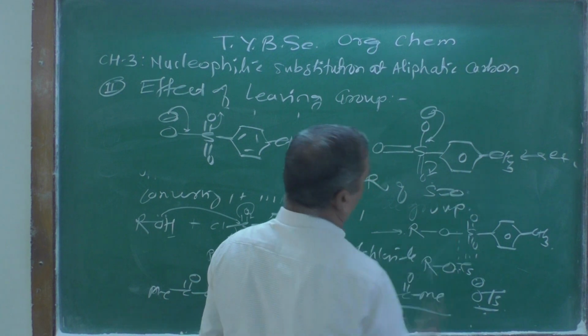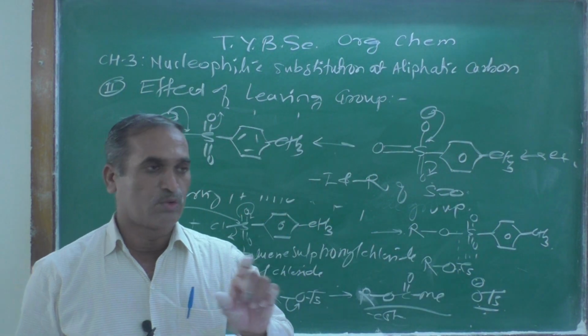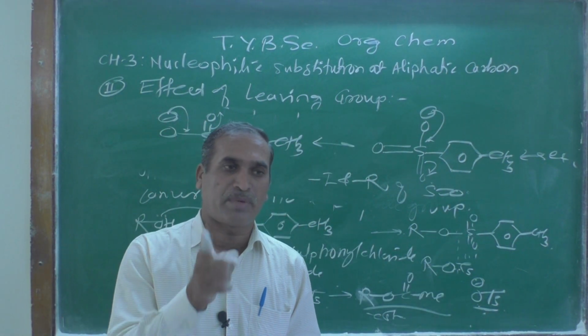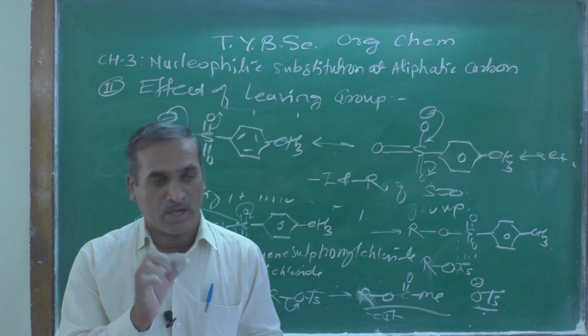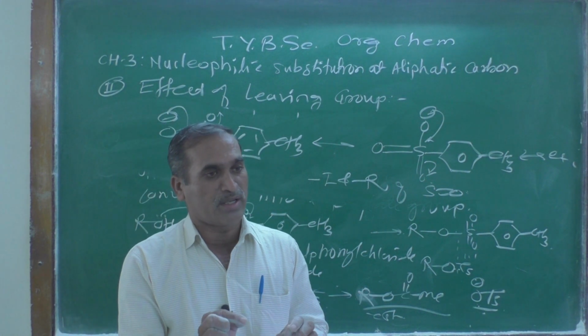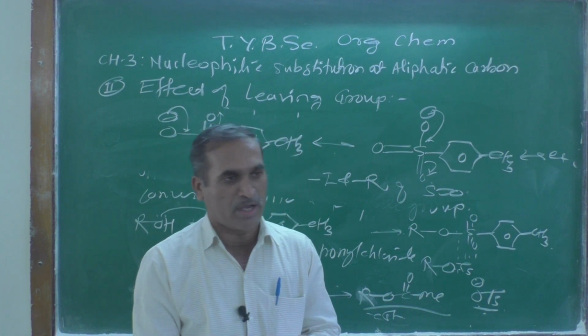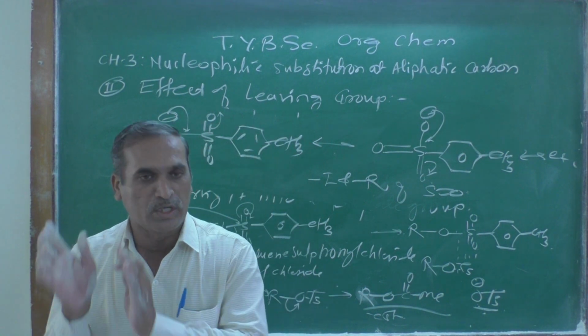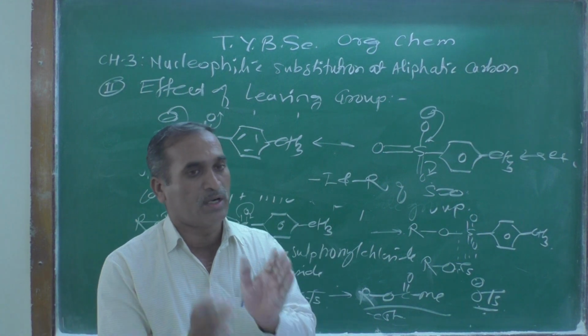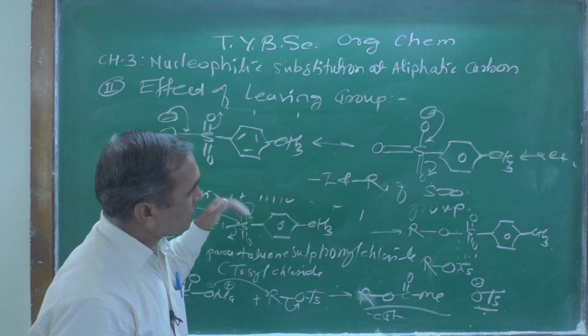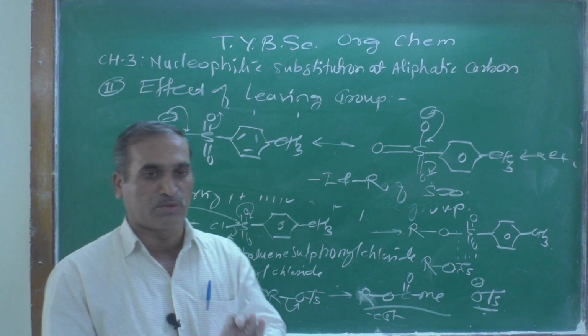That's why a 2 mark or 3 mark question may appear in your exam: how will you convert an OH minus group into a good leaving group? So in this way you have to describe it.